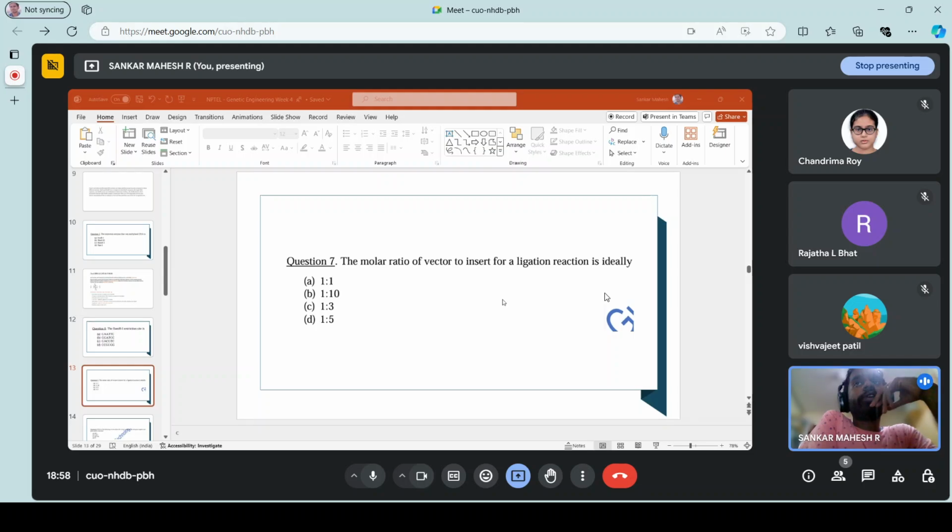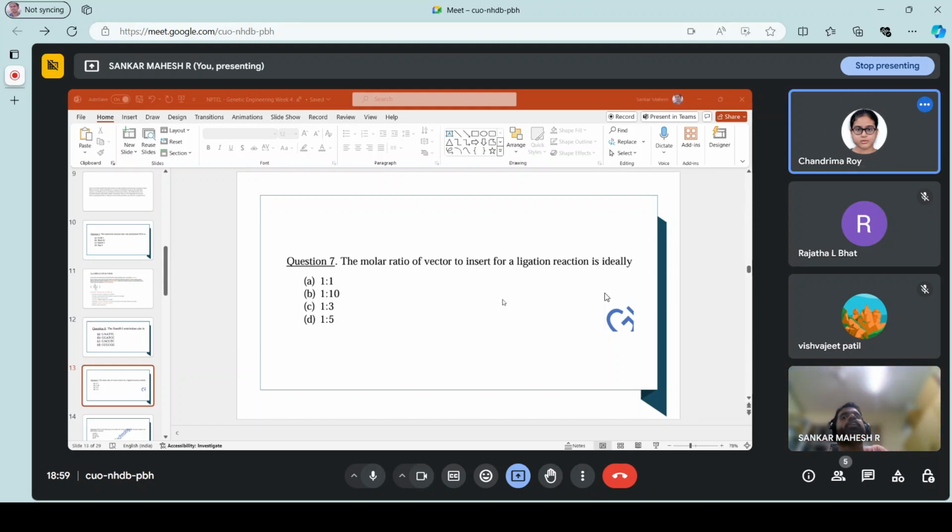So whenever you grow cultures, you will grow with this antibiotic selection marker just to ensure that whatever you're growing has your plasmid with your right insert. Is that clear? Yes, sir, I got the point actually.